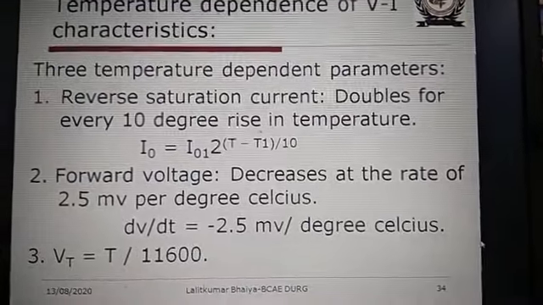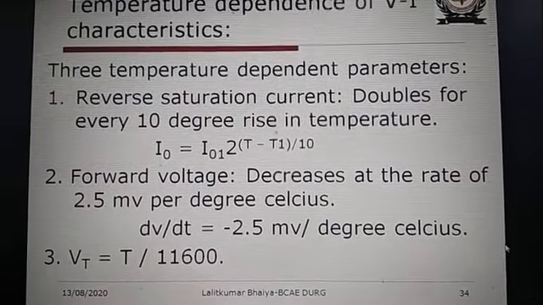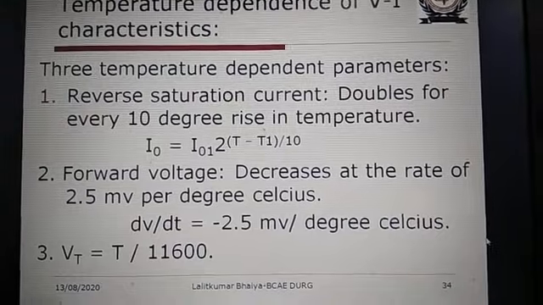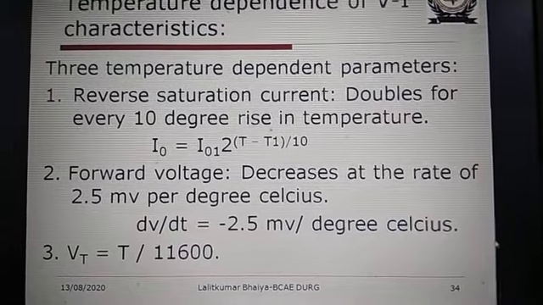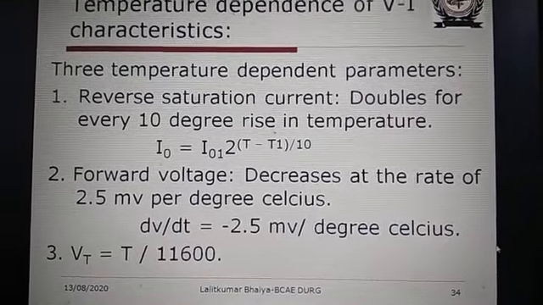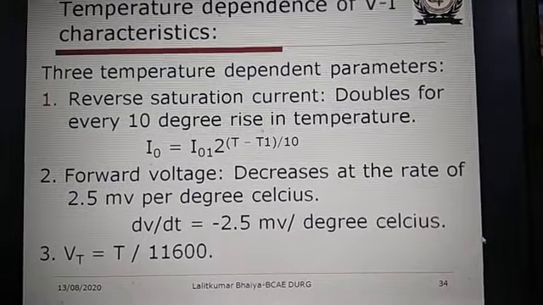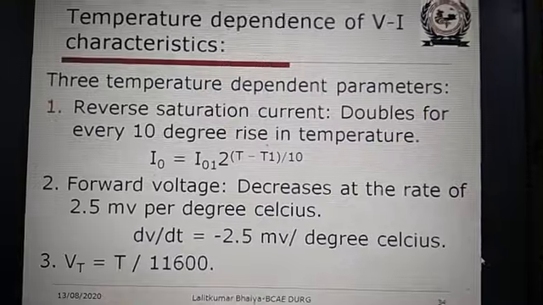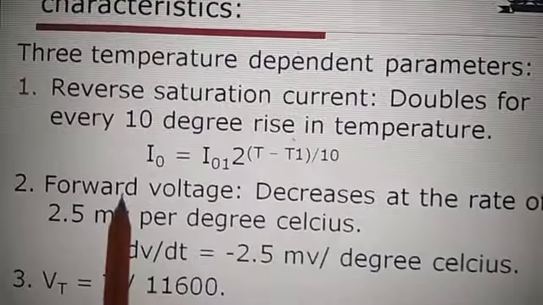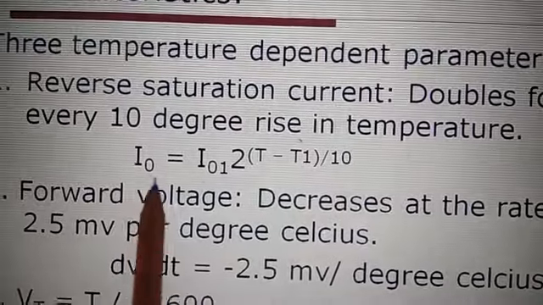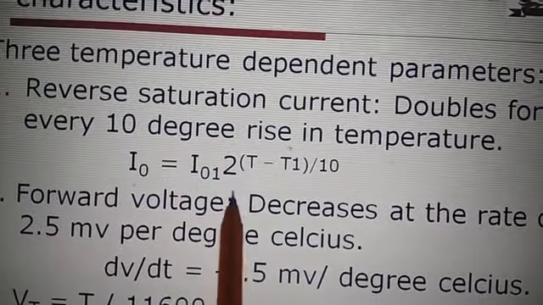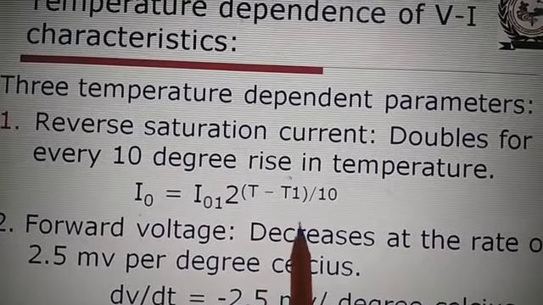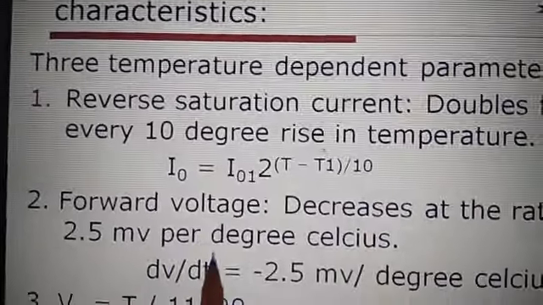In the case of a transistor, this I naught is represented by ICO, that is collector to emitter with base open. This reverse saturation current doubles for every 10 degree rise in temperature. The relation is given by I naught is equal to I naught 1 into 2 to the power (T minus T1) by 10.